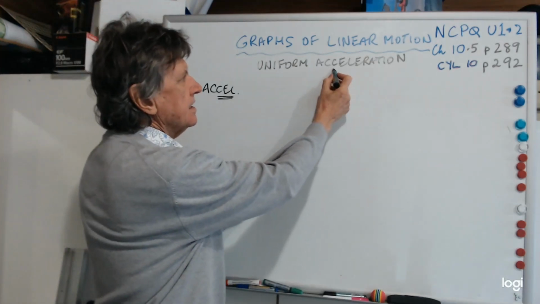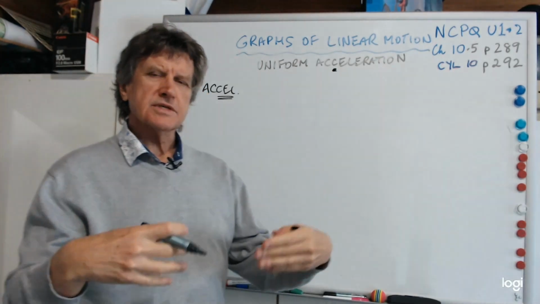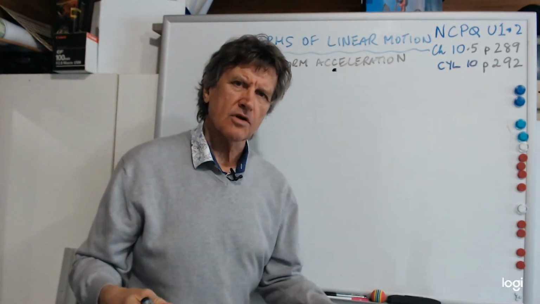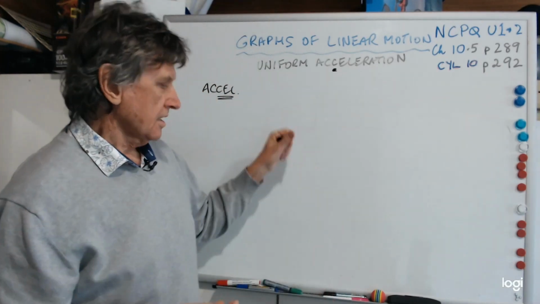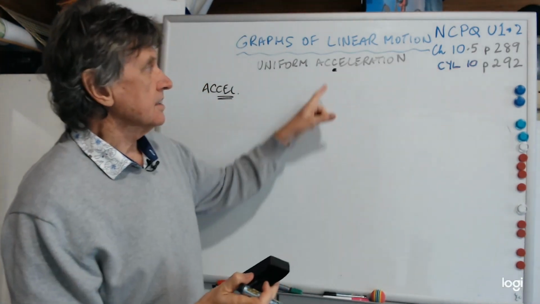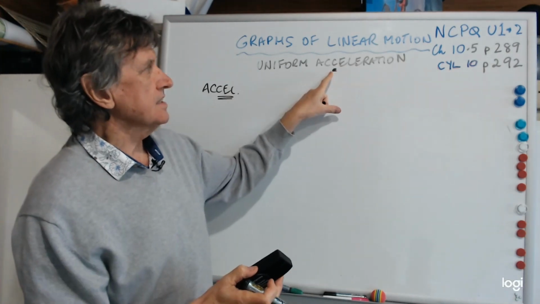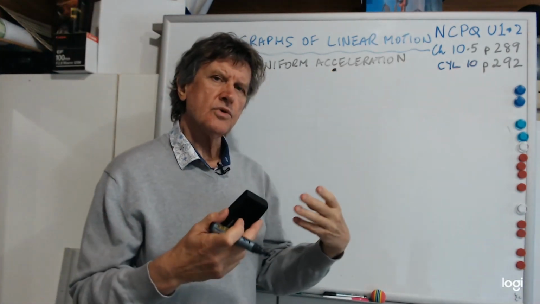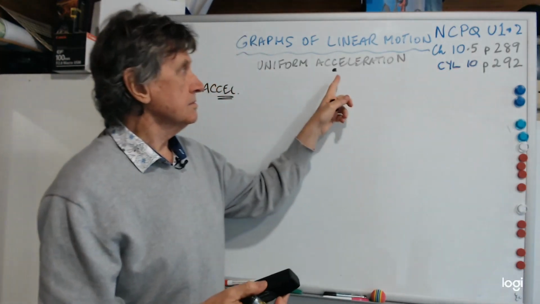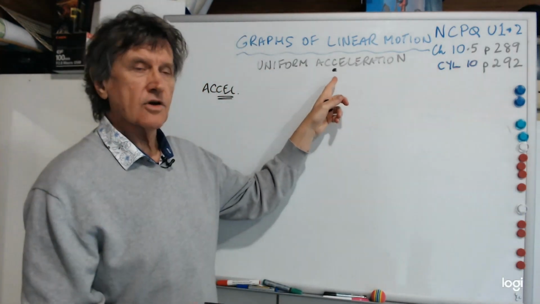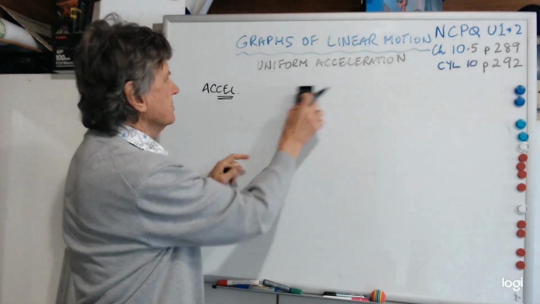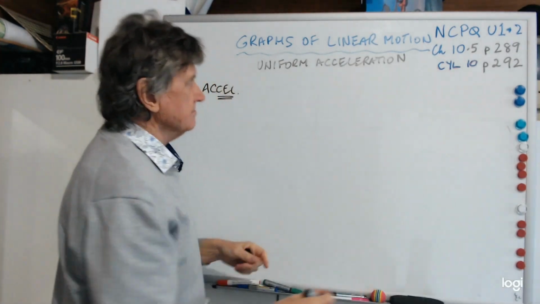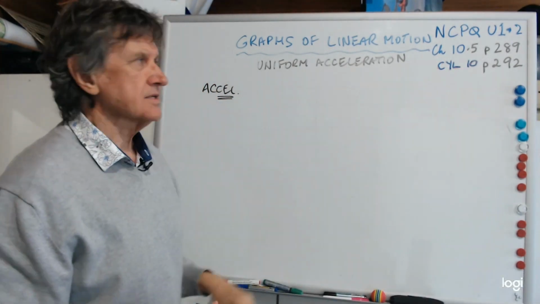The c in E equals mc squared is the speed of light. Einstein just used the Latin word celere, C-E-L-E-R-E, to stand for speed of light, c. So that's what the celere part in acceleration means.